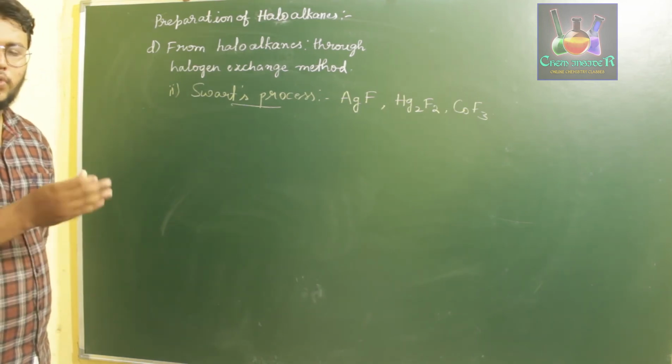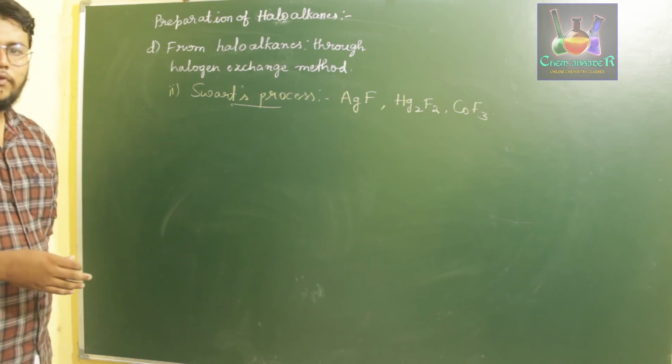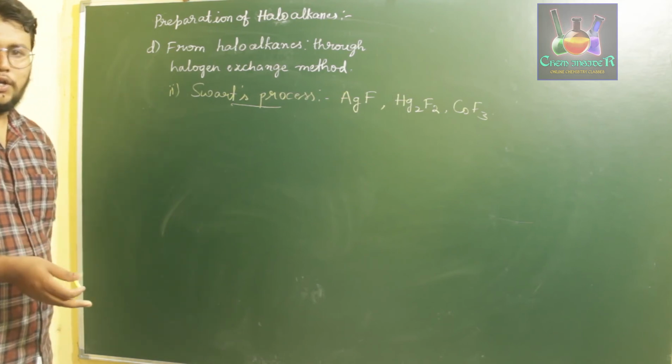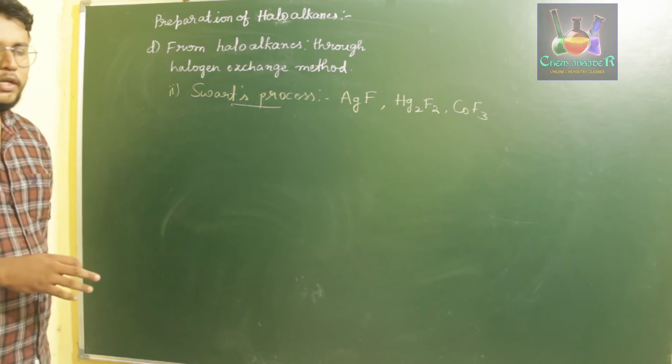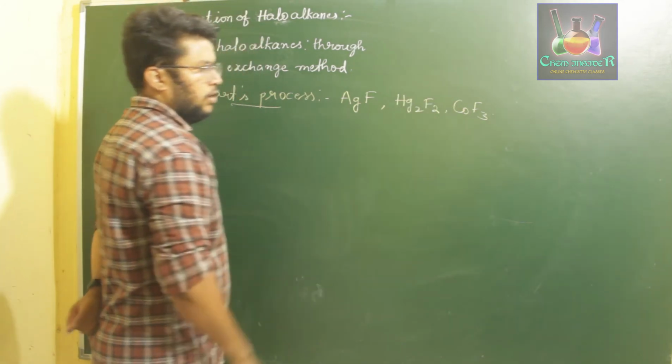If you have to replace one halogen, you can use silver fluoride. If you have to replace two or more halogens in a dihaloalkane or trihaloalkane, you can use mercuric fluoride and cobalt trifluoride.